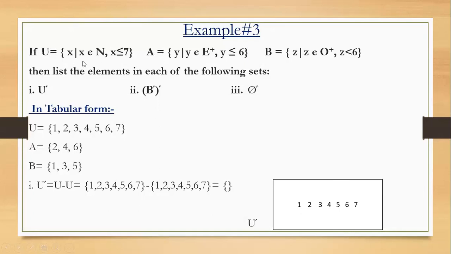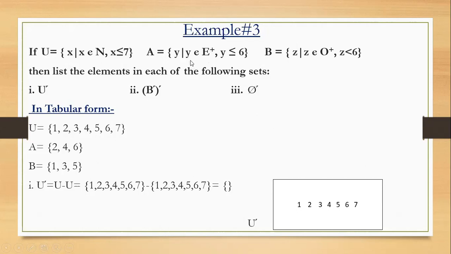X such that X belongs to N, where X is less than equal to 7. Okay, now U is equal to, in tabular form, natural numbers start with 1 and we are going to end it at 7. Why is 7 included? Because there is a sign of equality also there. Okay, less than equal to 7 means 7 is included.